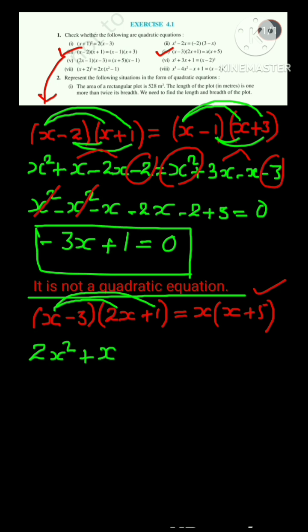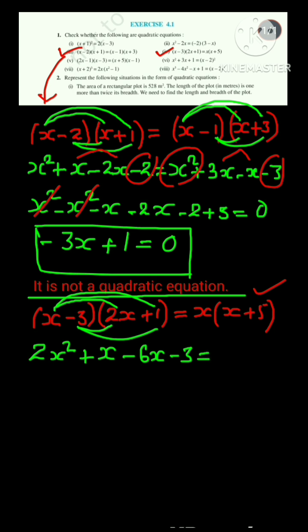Now by minus 3, minus into plus is minus, 3 into 2x is 6x, and minus into plus is minus, 3 into 1 is 3.